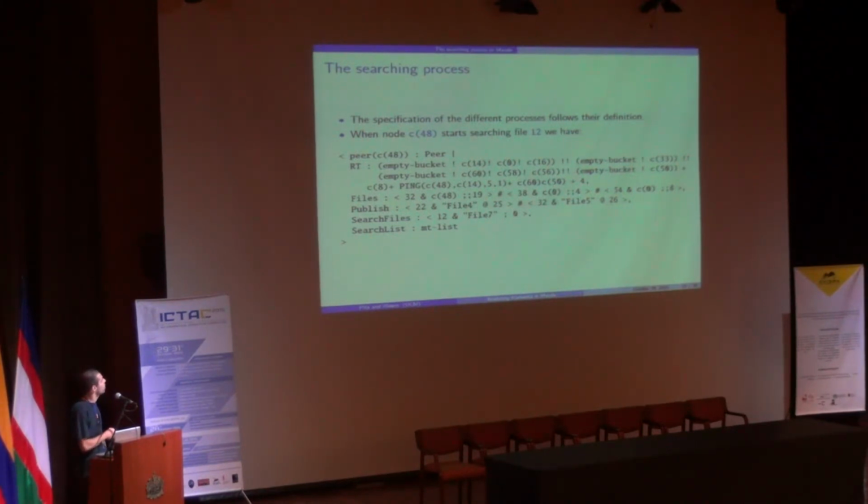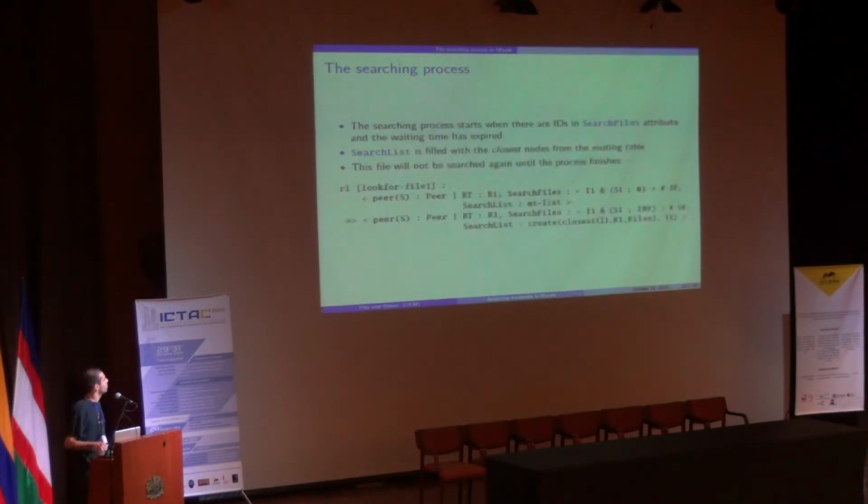I'm going to explain the searching process in detail. Assume we have a peer, C48, looking for file 12, and the timeout has reached 0. The next step will be to build a search list and then start looking for the file.